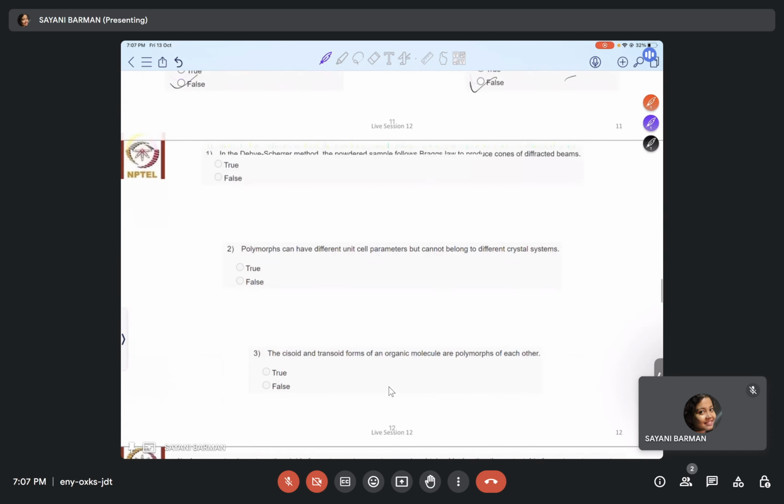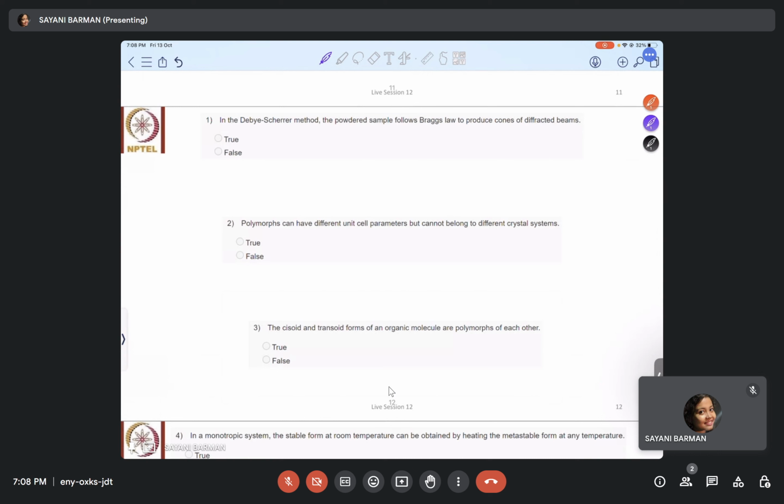Now the next is: in the Debye-Scherrer method, the powder sample follows Bragg's law to produce cones of diffracted beams. The Debye-Scherrer method is used to determine the crystal structure of a powder crystalline material. So, when you put the powder sample in the X-ray diffractometer, it will give random orientation of the crystallites, right?